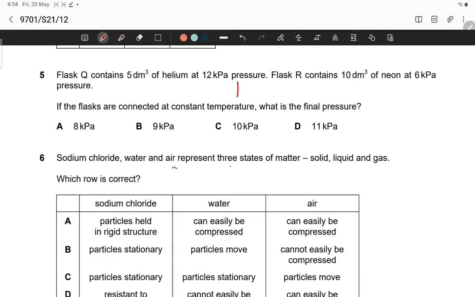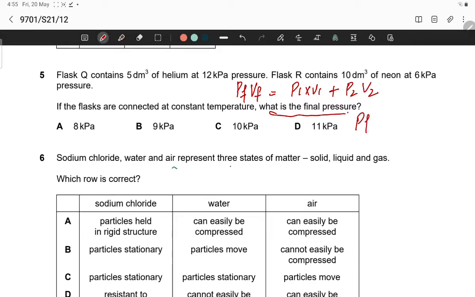So we know PF is the final pressure and VF is the final volume, is equal to P1 into V1 plus P2 into V2. So what is the final pressure?